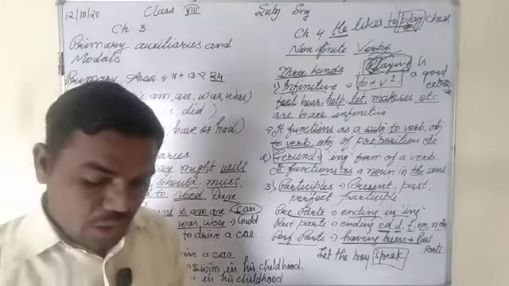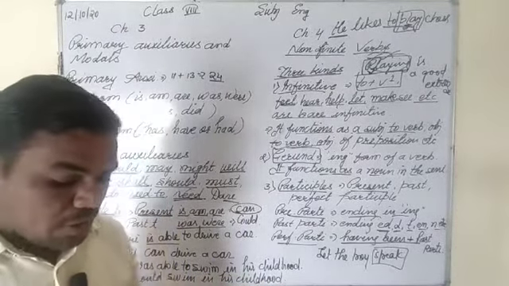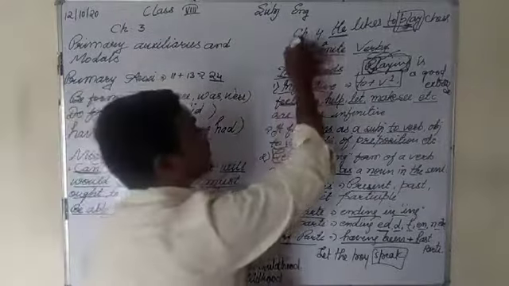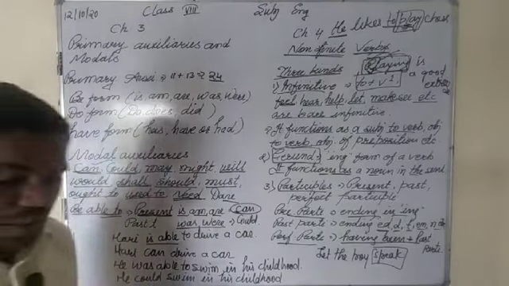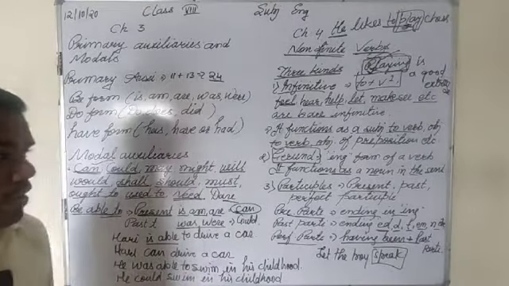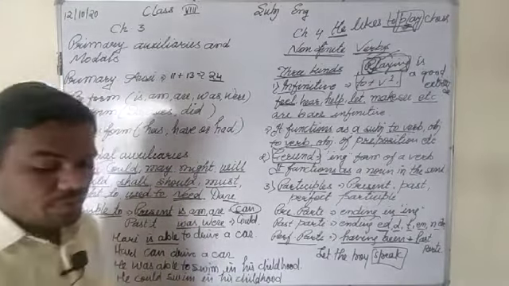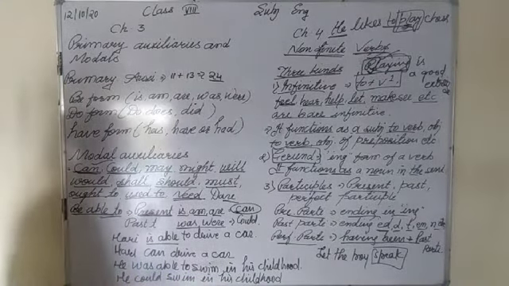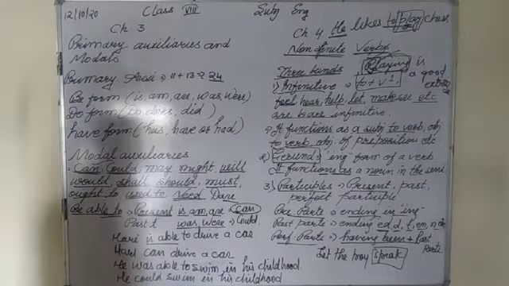Dear student, in this sentence there is nothing much, but you will have to find out which verb is known as a non-finite verb. You will have to pick out, otherwise you will have to recognize the non-finite verb in the sentence. Thus, dear student, I hope you have understood very well about primary auxiliaries and non-finite verbs.